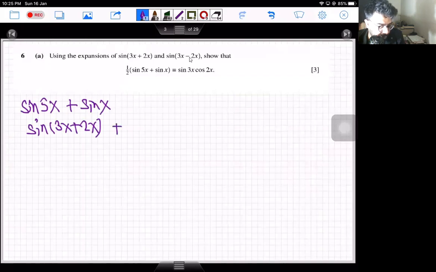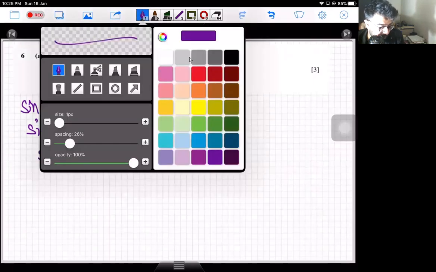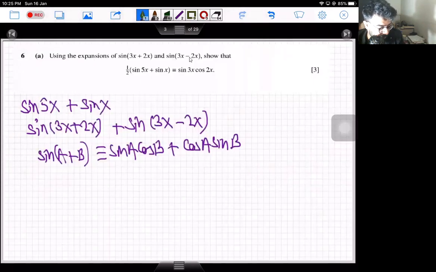Now here we are going to use the expansion formulas. Since we know that sine a plus b is equal to sine a cos b plus cos a sine b, and if there is a negative sign over here, there is a negative sign over here.